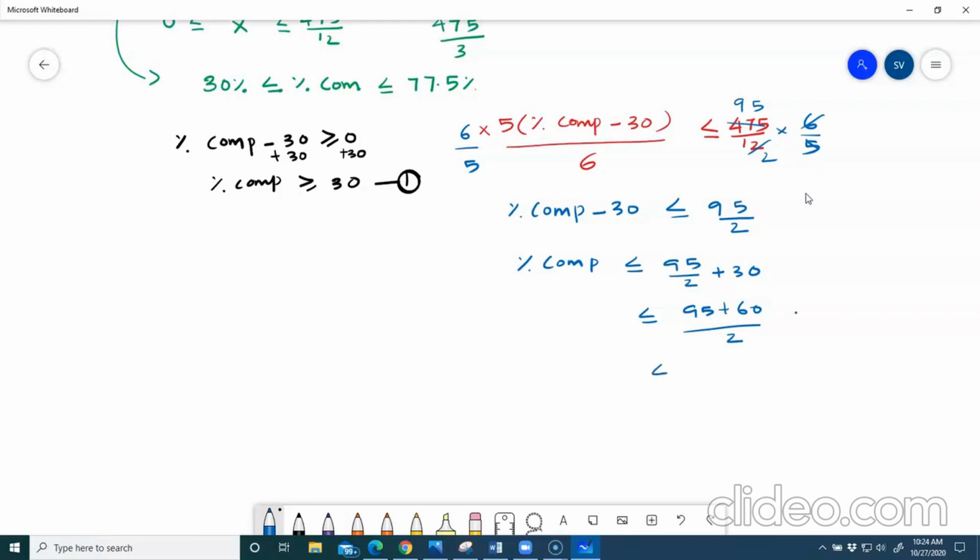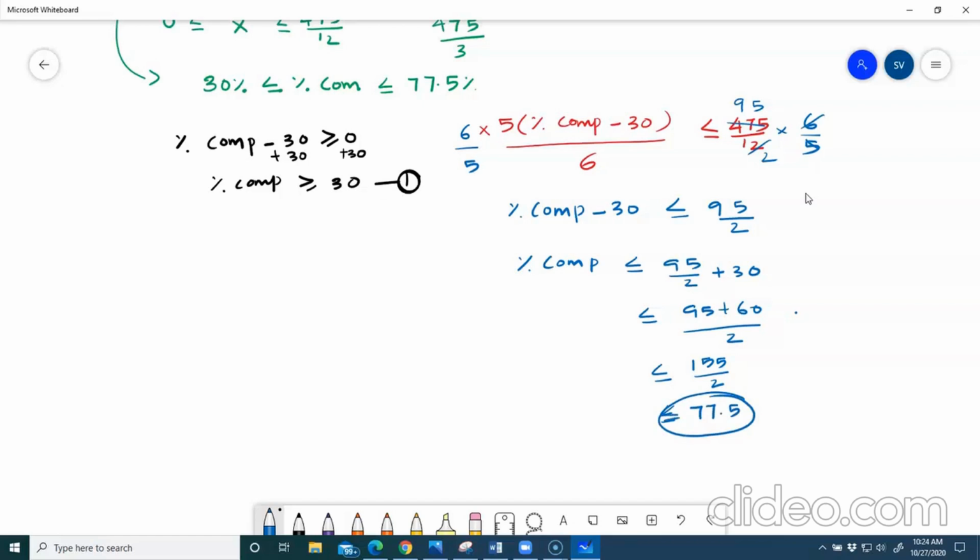That is less than or equal to 77.5. So this is what we actually wanted to prove, 77.5.